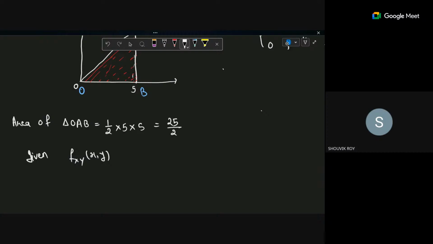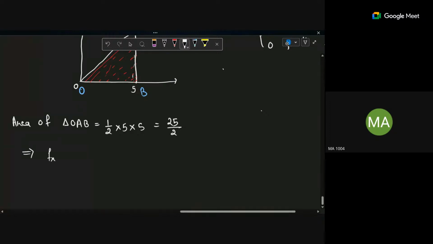It is given that f of x, y is 2 by 25, which is equal to 1 upon the area. So that implies f of x, y is uniform. Uniform in which region?